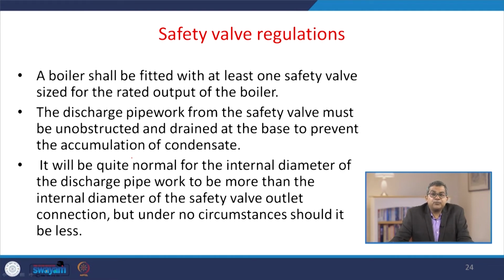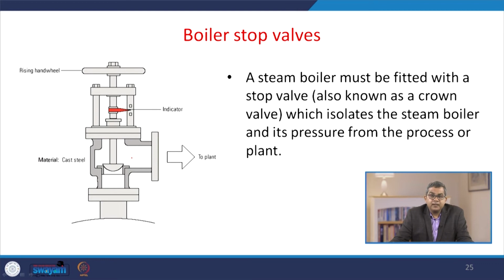The discharge pipe work from the safety valve must be unobstructed and drained at the base to prevent the accumulation of condensate, because as soon as the steam releases through the safety valve, it should be condensed, and the condensate, which is usually at the temperature of the steam, must be recovered as quickly as possible. It will be quite normal for the internal diameter of the discharge pipe work to be more than the internal diameter of the safety valve outlet connection, but under no circumstances should it be less.